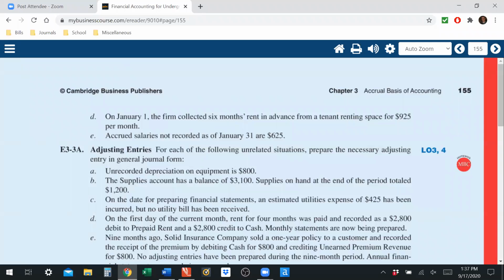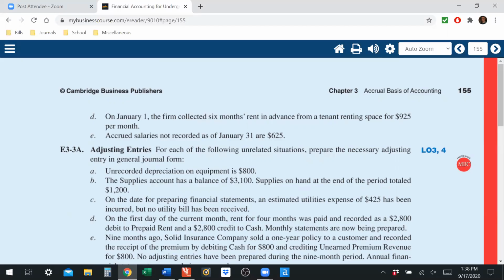Why? Remember, we incur an expense when we derive a benefit from using a resource or an asset. Have we derived the benefit from them working for us now that the month has passed? Yes. All those things they did for us that month, we've derived the benefit. So we've incurred what is called salaries expense.